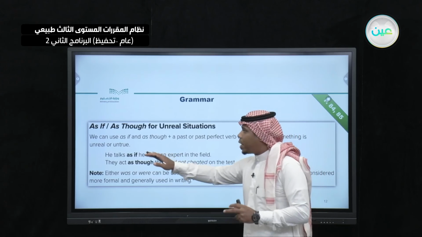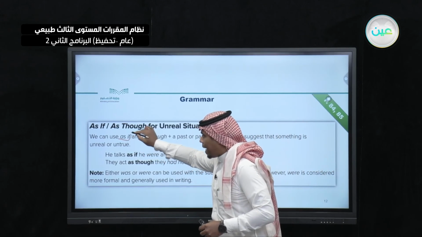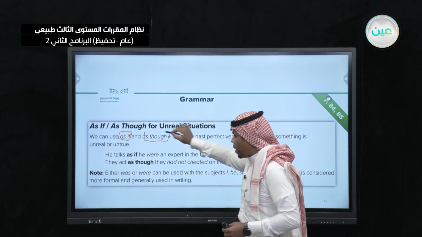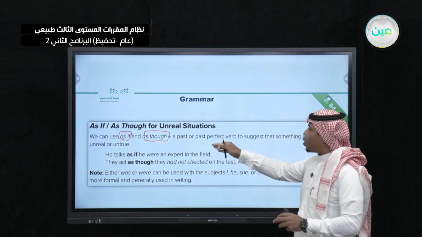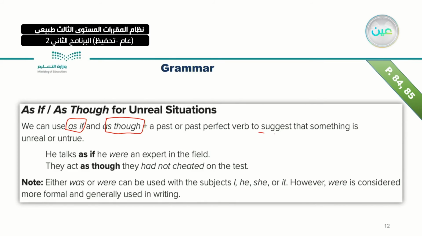Here we can use as if and as though plus the past or past perfect verb to suggest that something is unreal or untrue. So, he talks as if he were an expert.